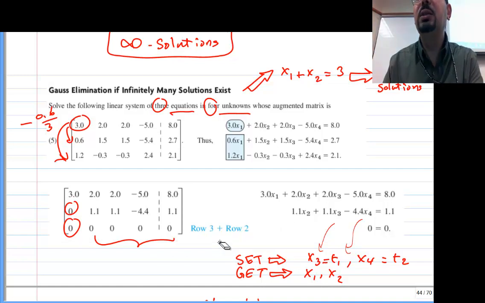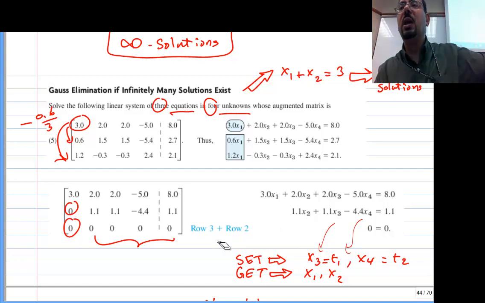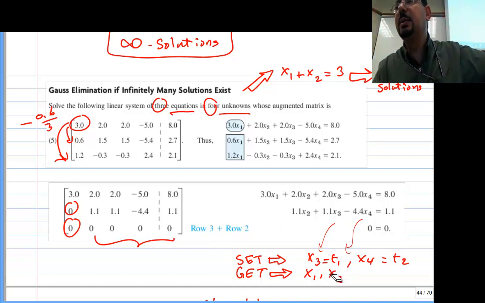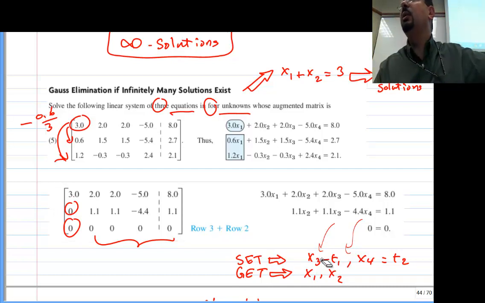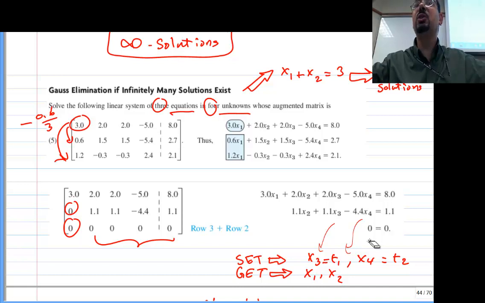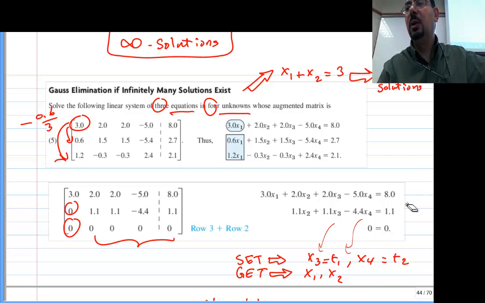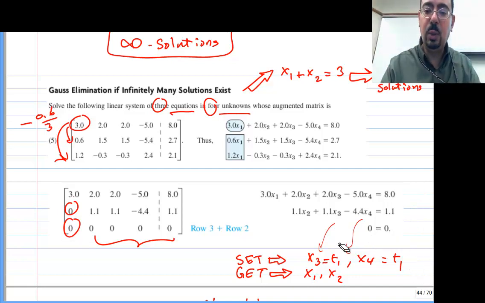So what is the infinite number of solutions? How do we do this? You have to tell him, yes, there is an infinite number of solutions, but what are those solutions? So you tell him, well, you have to specify T1 and T2. So you write this in the quiz or the homework or the exam. You'd say let x3, let's start with x4 actually, since it's the last one, let x4 equal T1 and x3 equal T2.